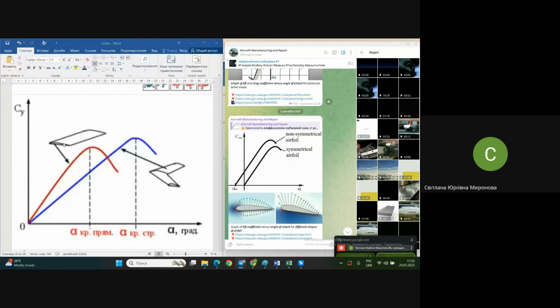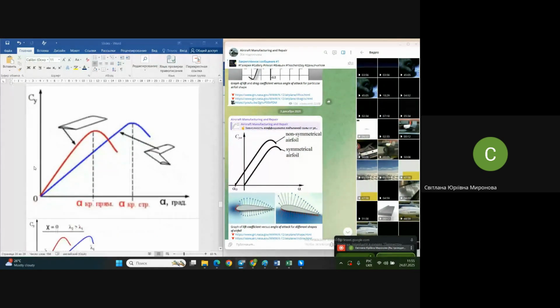And it appears that depending on the shape of the wing, with the same airfoils, the same angles of attack, and so on, with the same parameters, they have different aerodynamical characteristics of the wing. Not for a particular airfoil, but the aerodynamical characteristics of the whole wing.